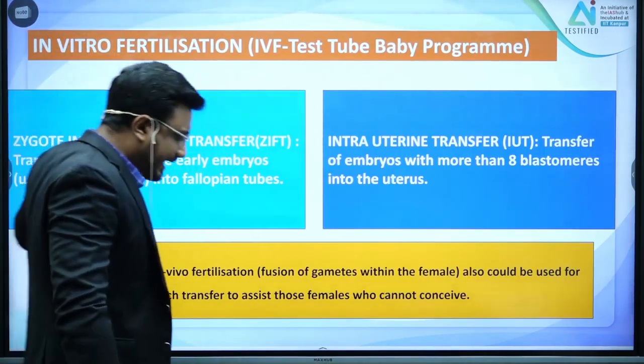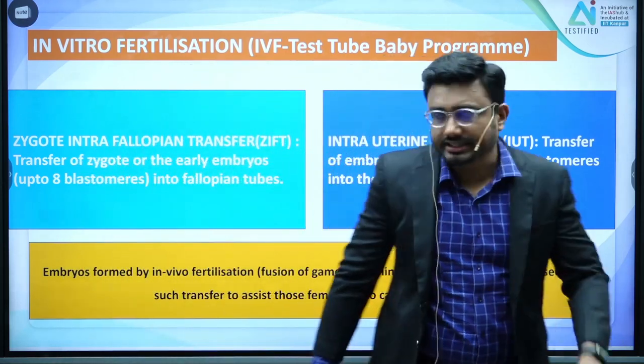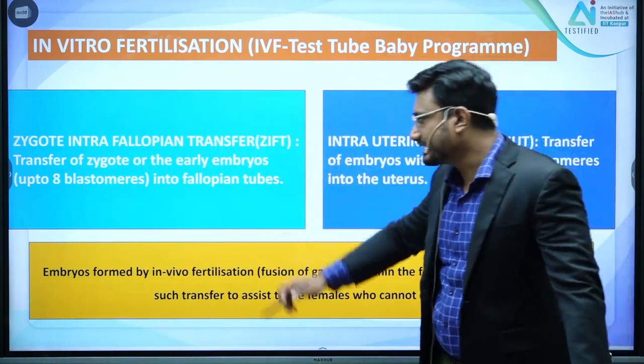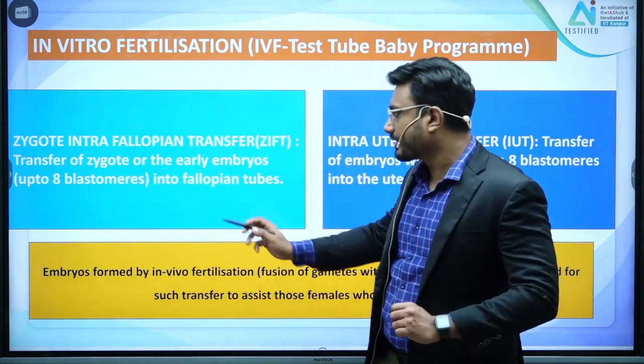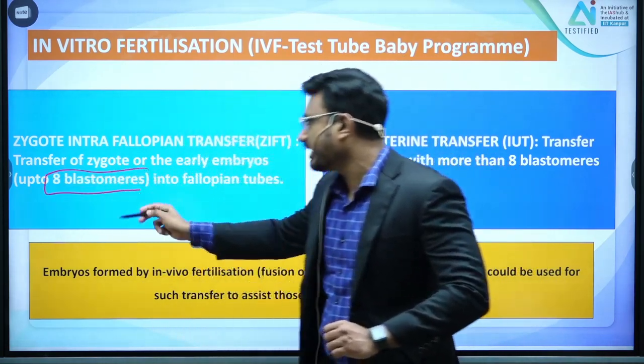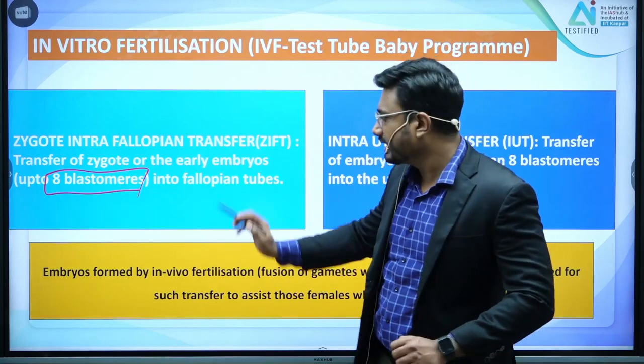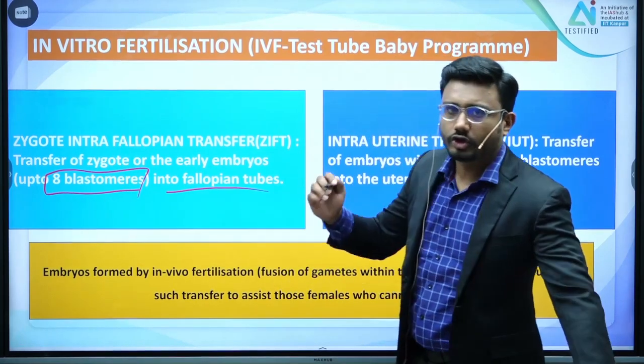In zygote intrafallopian transfer, the zygote or the early embryo with up to 8 blastomeres, that is the keyword here, is transferred into the fallopian tubes.